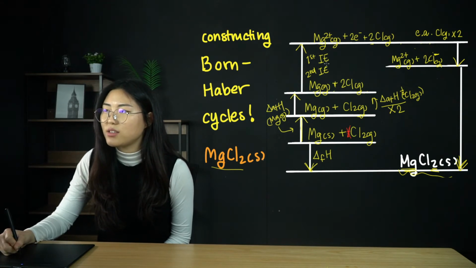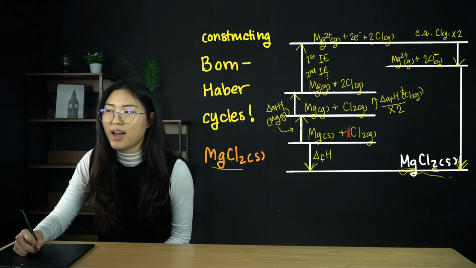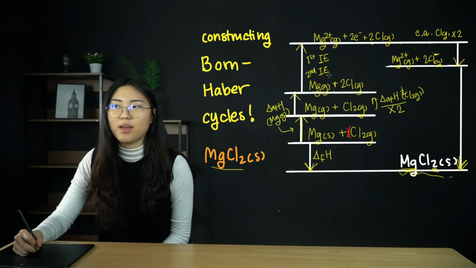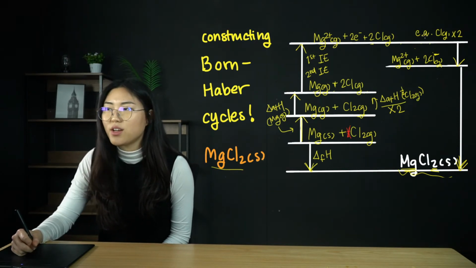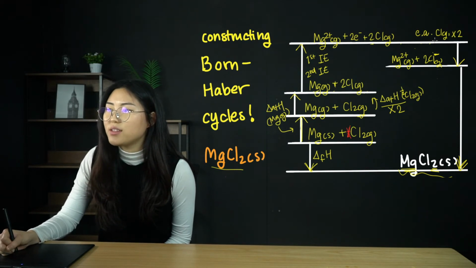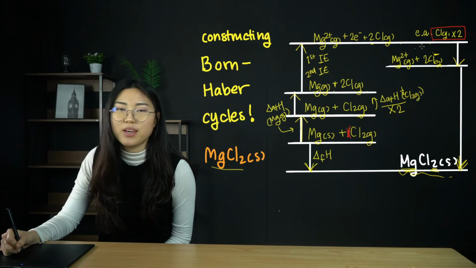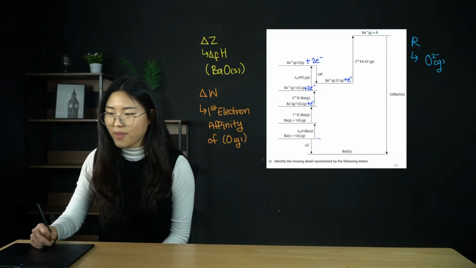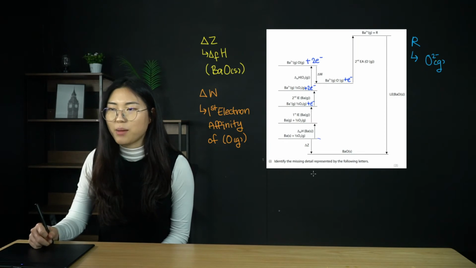And also we had to do first and second ionization enthalpy because Mg has a 2 plus charge, not just 1 positive charge. And we also multiplied the chlorine electron affinity by 2 as well, because we need to make 2 chloride ions, okay? All right, let's try and look at an example question.